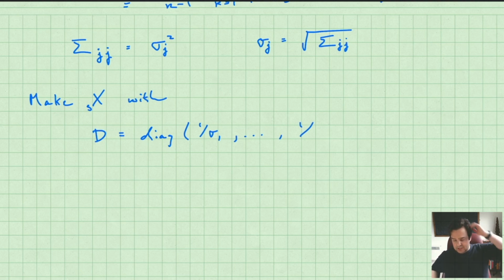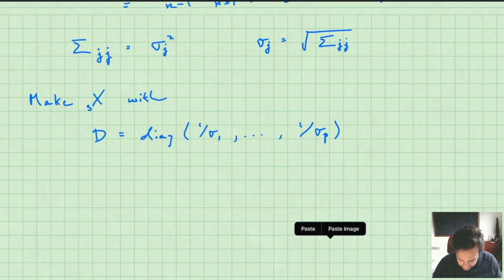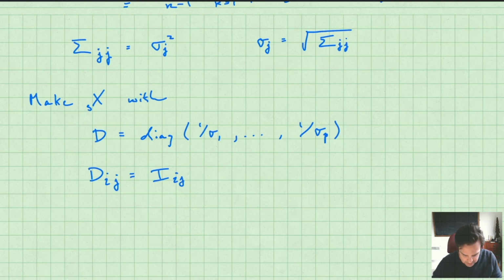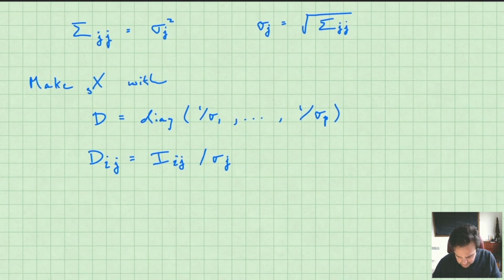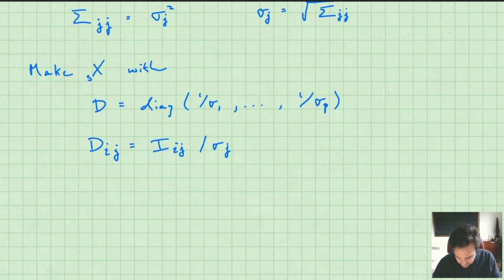So it's a p by p diagonal matrix with 1 over the standard deviation for each of the columns of the original data. Therefore D ij is the identity matrix I ij divided by sigma j. And this is going to give you the standardized data: the standardized data is x centered times the matrix D.